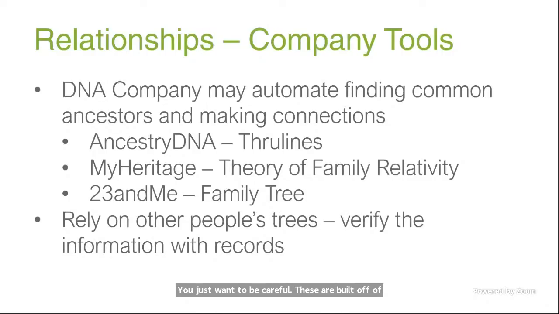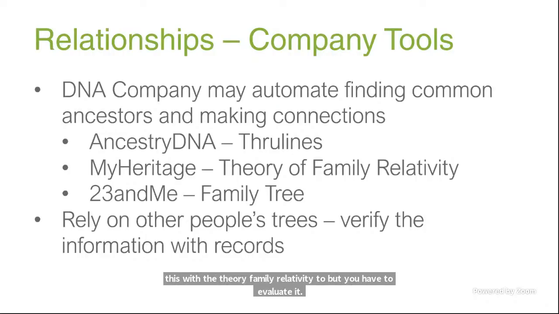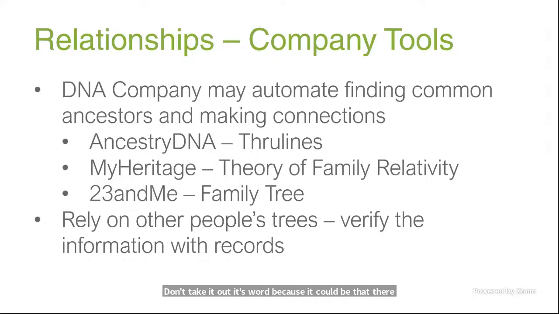If one person puts that ancestor there that you think is breaking a brick wall, it could just be that the system's deciding these three people are siblings and they're not. So it's the system, Ancestry's got some algorithms doing all this. MyHeritage does this with the Theory of Family Relativity too, but you have to evaluate it. Don't take it at its word, because there could be some errors in those ThruLines.